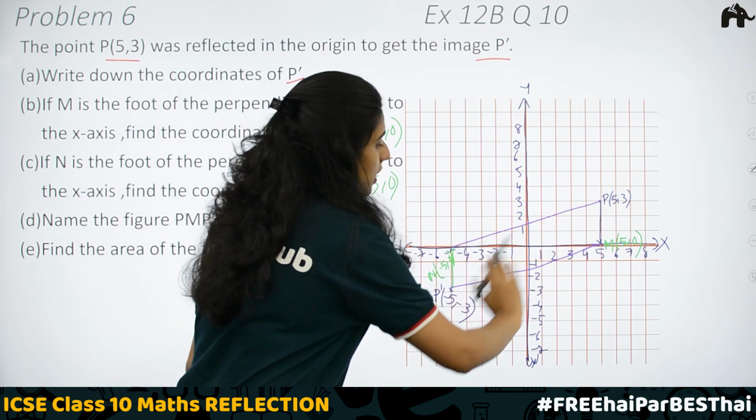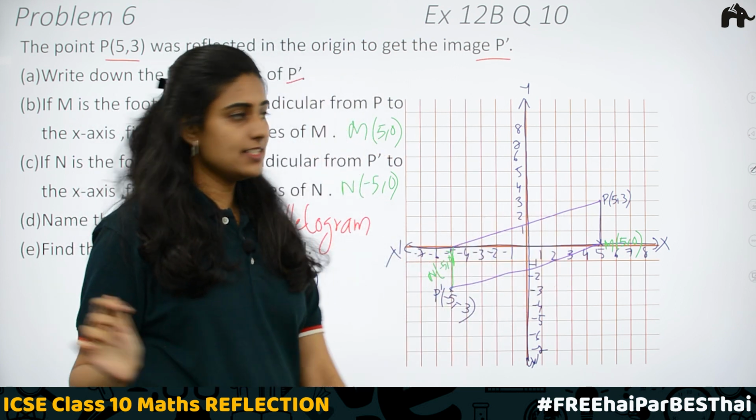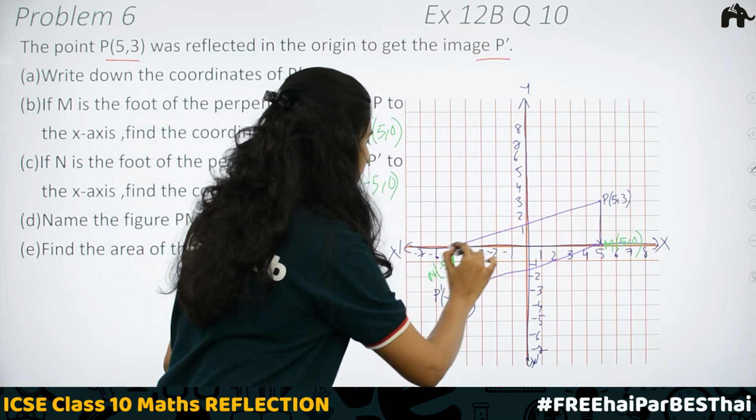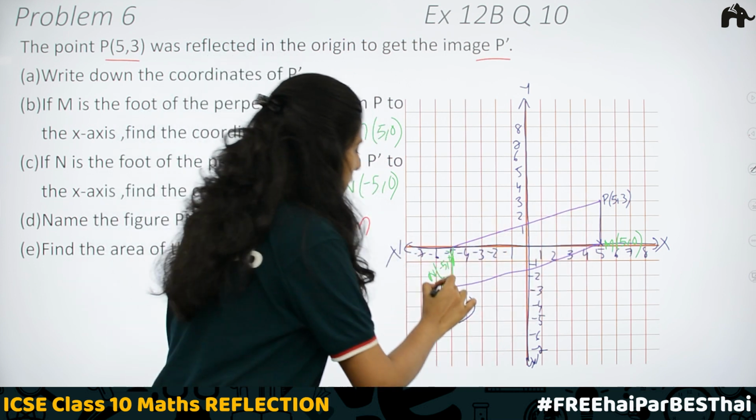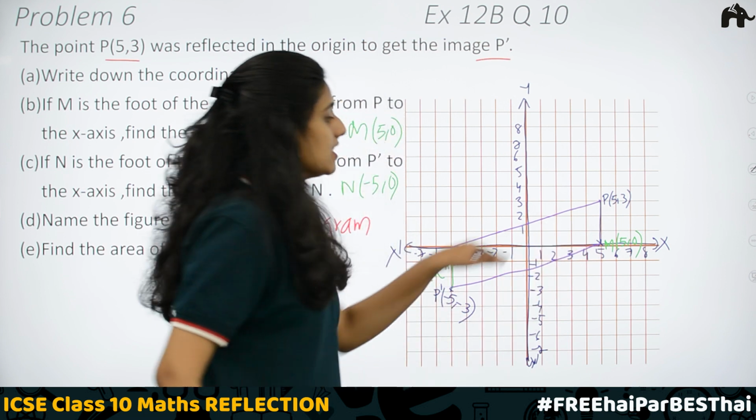This parallelogram is made up of two triangles: triangle PNM and another triangle P'NM. They are similar triangles.